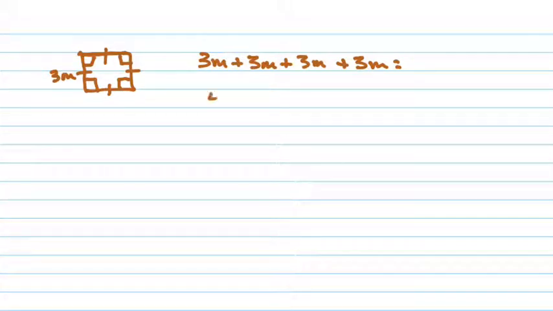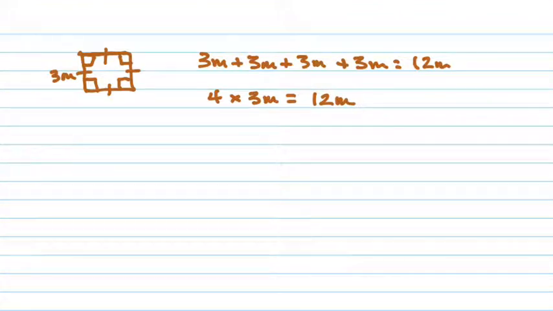Multiplication. So we could also do 4 times 3 meters. Either way. You don't have to write it all out as addition if you can see that it's multiplication. You're still going to get 12 meters.